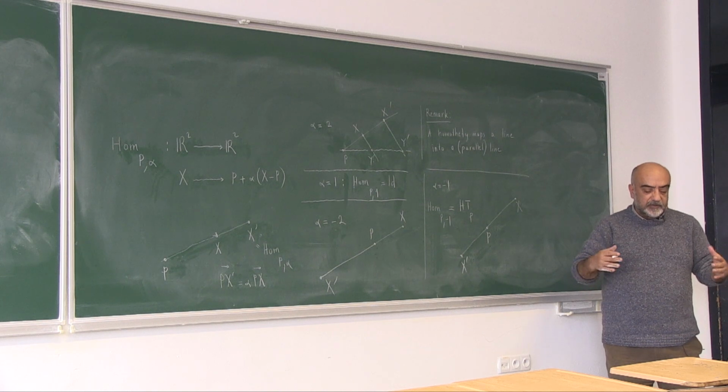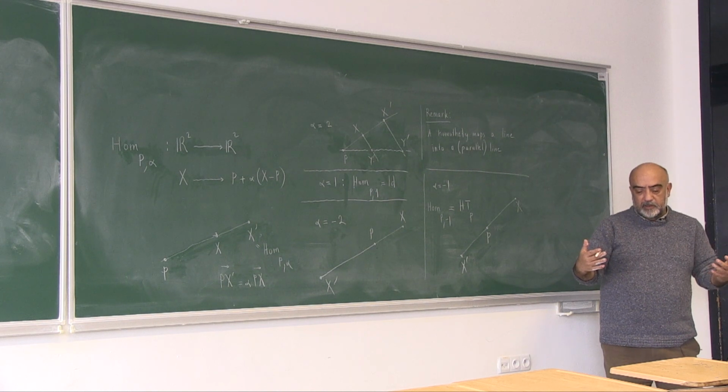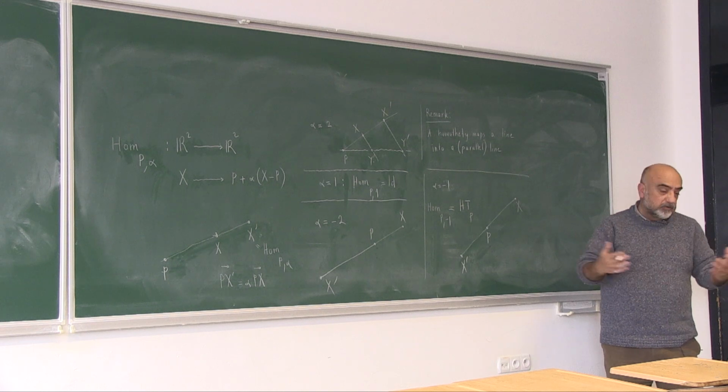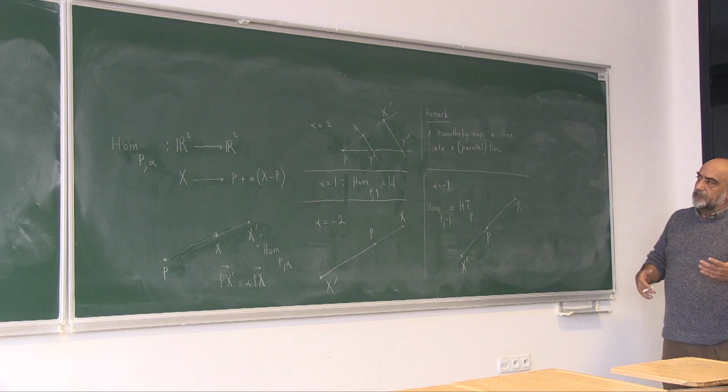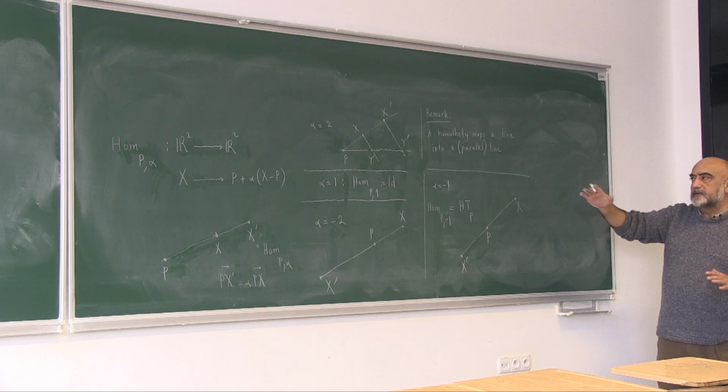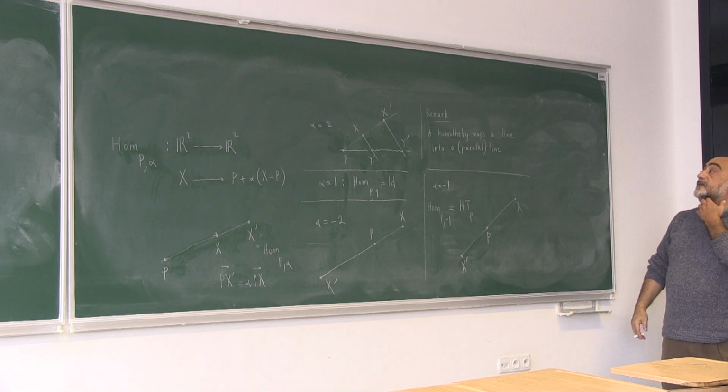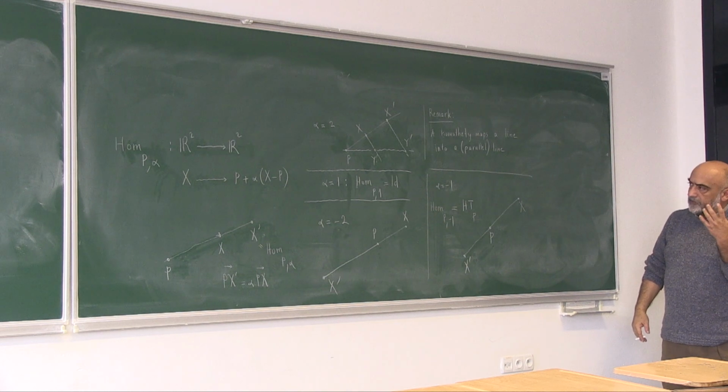So it's either an expansion, a dilatation, or a contraction. So that's the big picture. And this is the kind of thing which of course preserves lines, and in fact lines go to parallel lines. So you've got this.